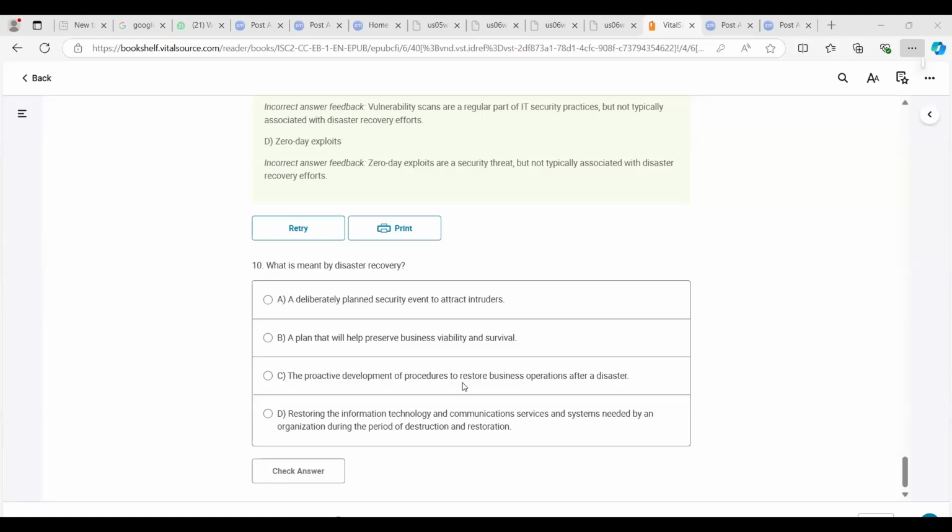So what's the answer? So you have C. Why C? Why? That's disaster recovery. Choose D. Why D?